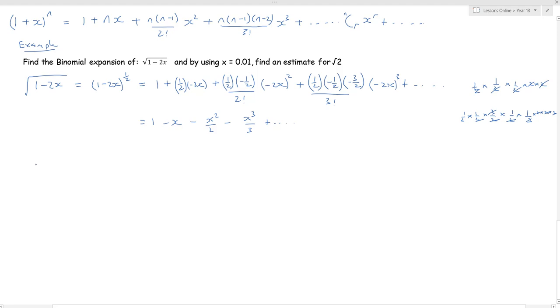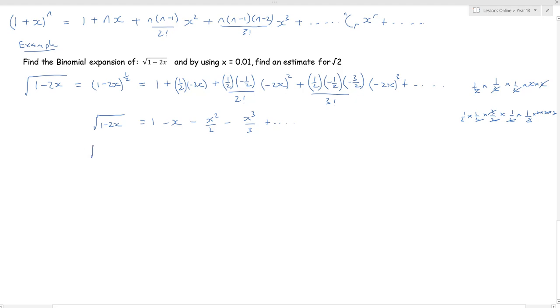It's quite neat. Then part B says, using the substitution x equals 0.01, estimate square root of 2. Well, we know that the square root of 1 minus 2x is equal to this approximately. So we can substitute then and approximate.